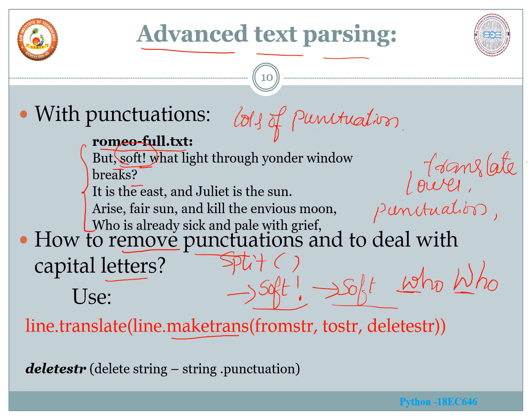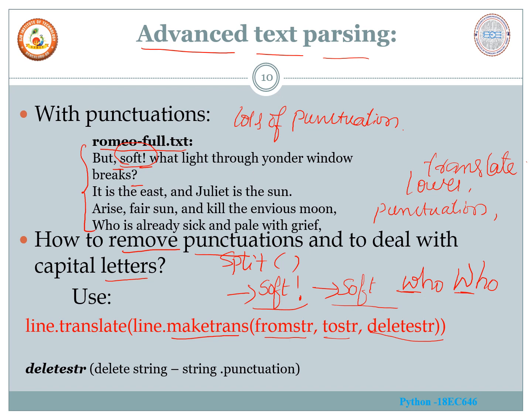Say for example, we replace the characters in the from string with the character in the same position in the to string, and delete all the characters that are in the delete string. That means from string is your old value, to string is your new value, and the delete string deletes all those characters.